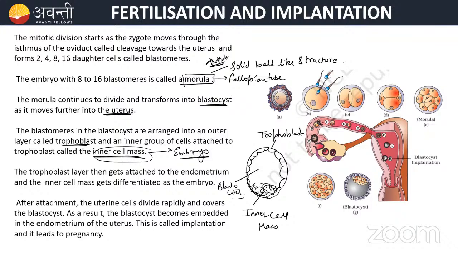let's say, and the embryo is in the fallopian tube, the embryo will attach to the fallopian tube, and you know that the fallopian tube has a very narrow lumen. So if this embryo undergoes mitotic division, the size of the embryo will increase, and this increased size embryo will start putting pressure on the walls of the fallopian tube, and because of increased pressure, the fallopian tube will get ruptured.